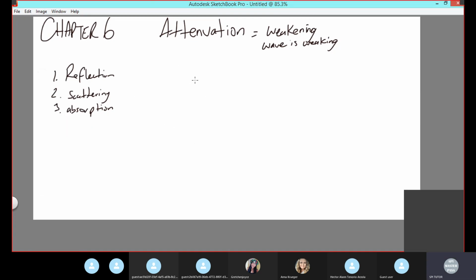And how does this relate to ultrasound? Like, what's the whole idea of attenuation in ultrasound? Well, here's your transducer right here. And you always remember, everything is relative to the transducer. What do I mean by that?